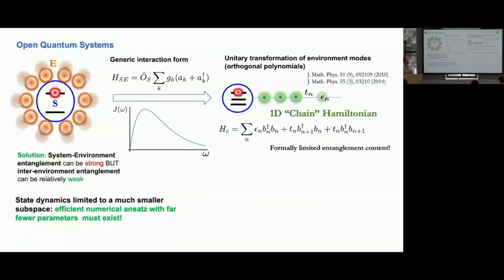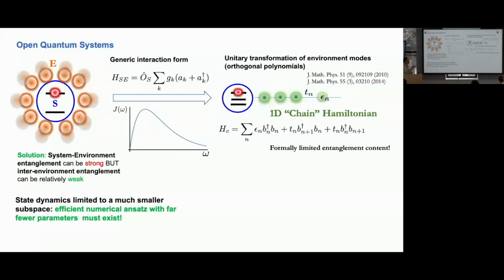It's always possible to perform a unitary transformation of the environment modes such that this problem is exactly transformed to an equivalent problem where your system just couples to one end of a semi-infinite chain of oscillators that have strictly nearest neighbor couplings. It's a kind of tridiagonalization, really.